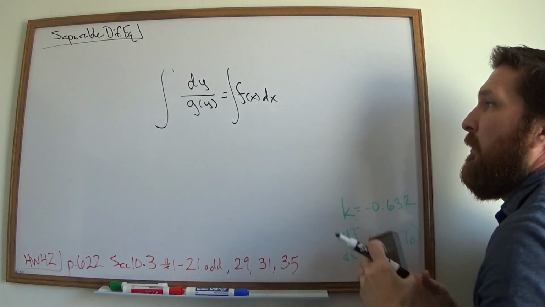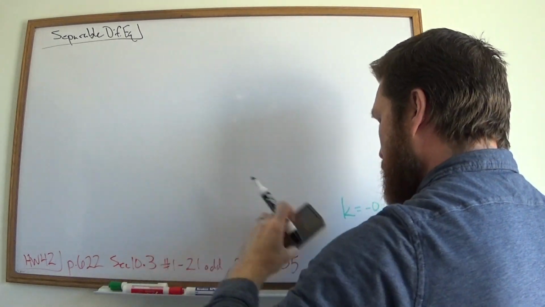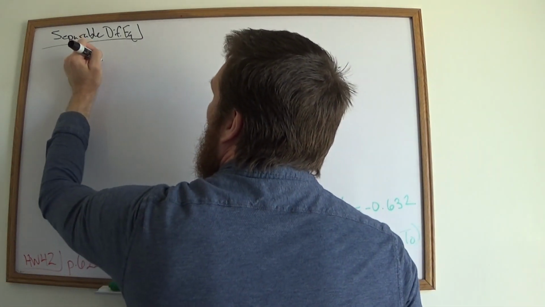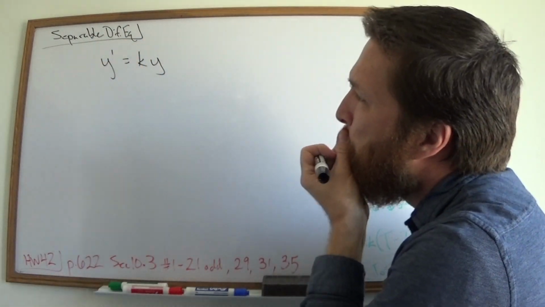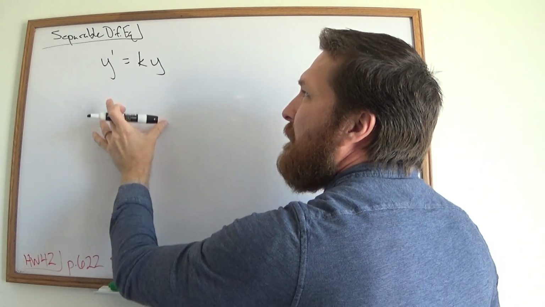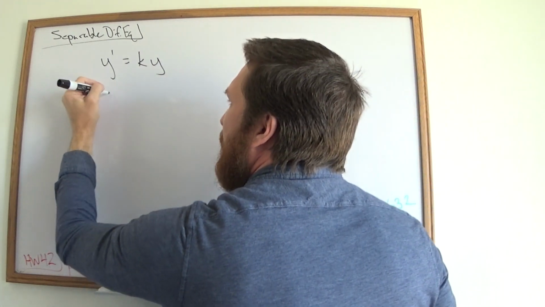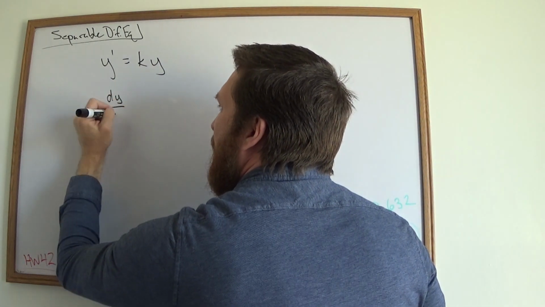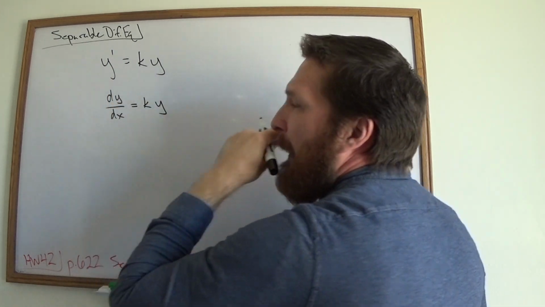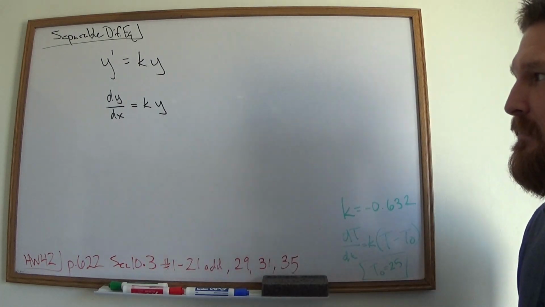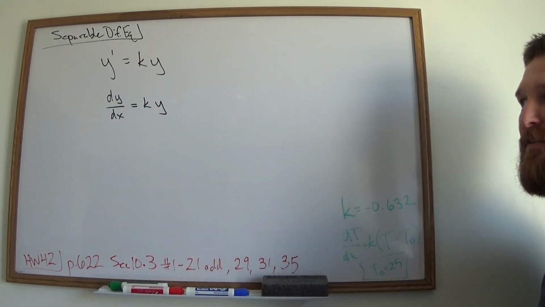So here's an example of a separable differential equation. y prime equals ky. And what's nice about Leibniz notation is it really helps you keep everything in order. In fact, this is the reason why I ever use Leibniz, is to do separable differential equations, because it helps you here.